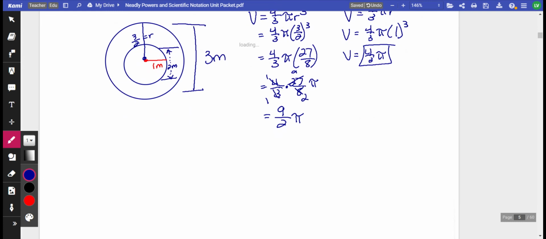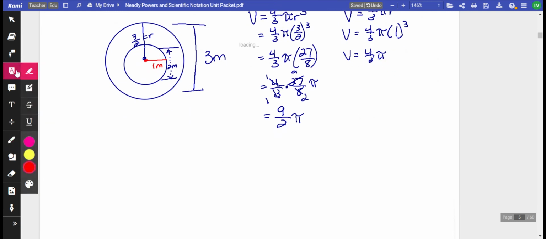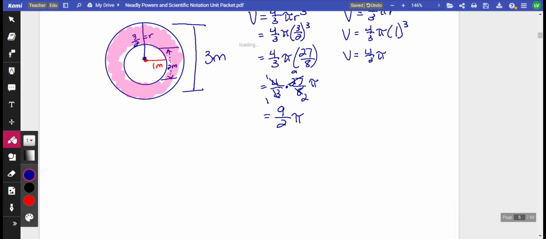The last part that we need to do is subtract to find the volume. So we're trying to find the volume of the highlighted pink area. So we're going to take 9/2 pi and we're going to subtract 4/3 pi. Well, we need a common denominator, which is going to be a 6.